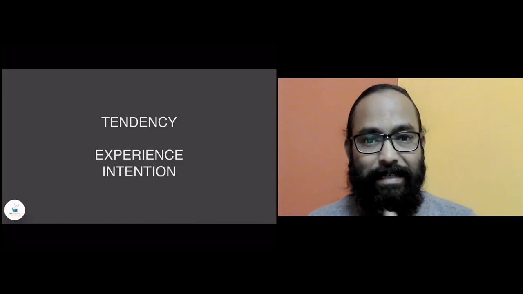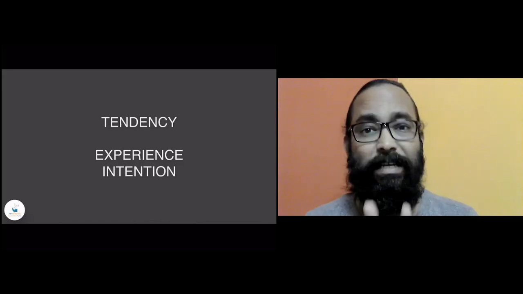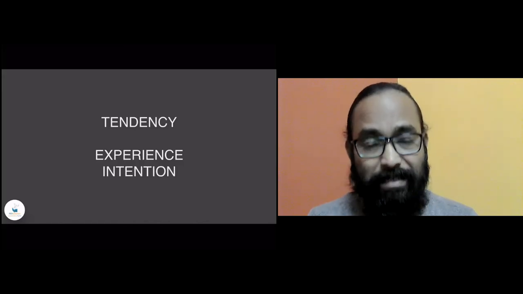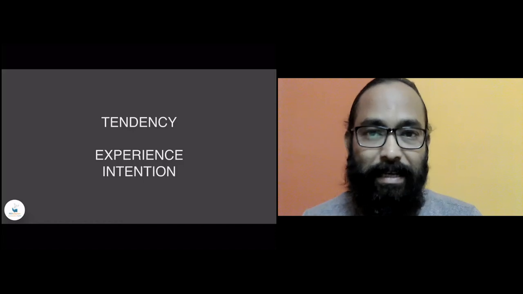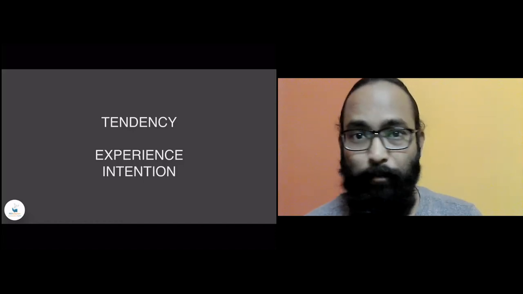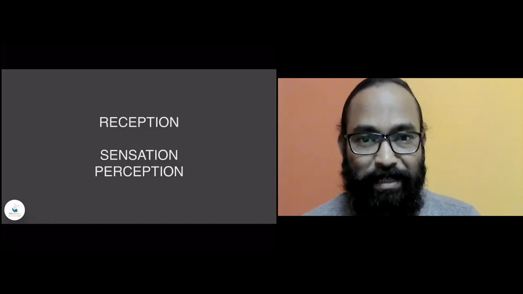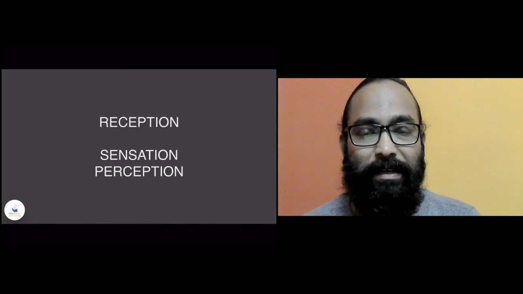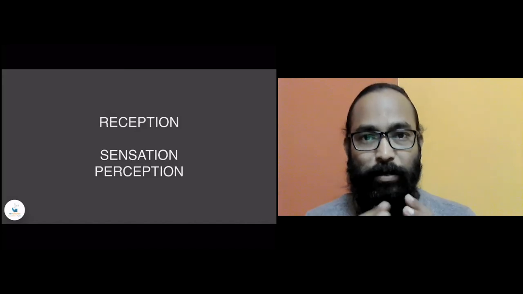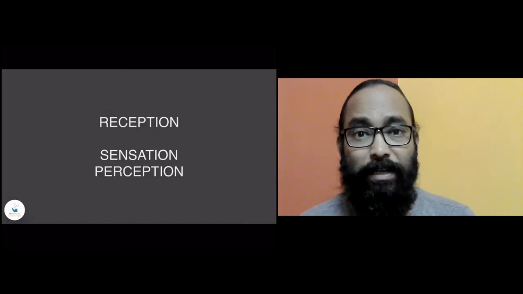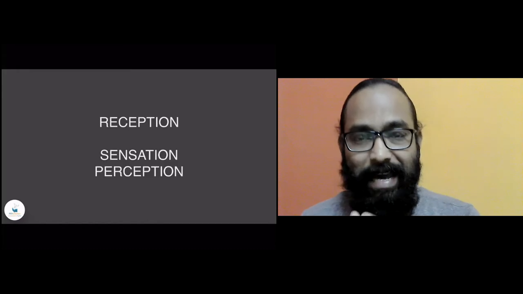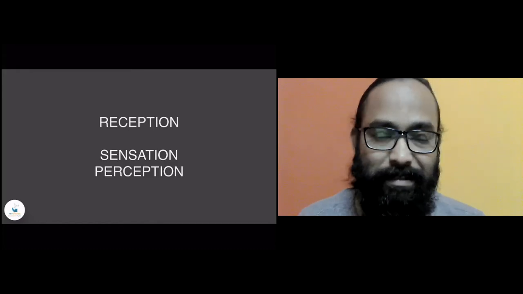So of these three layers, tendency is primarily a physical aspect, and experience is its chemical experience within the body. Let's proceed with the further terminology so that we can slowly and gradually understand what is truth, what is reality, and what is rationality.